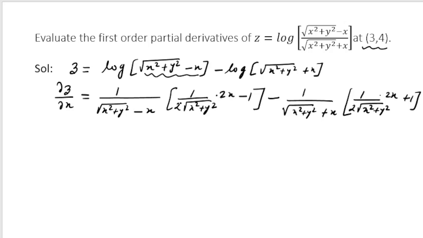To simplify, I cancel this 2 and 2 here, I cancel this 2 and 2 here. And since I have to evaluate the value at (3, 4), let me write one more step, otherwise it may be confusing for you.